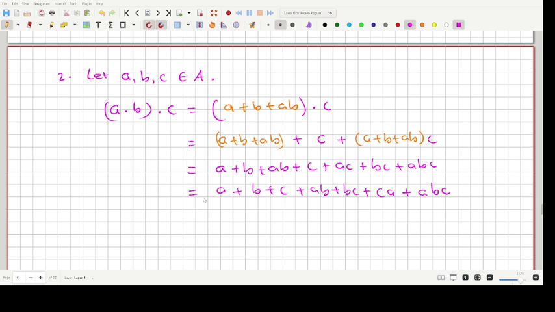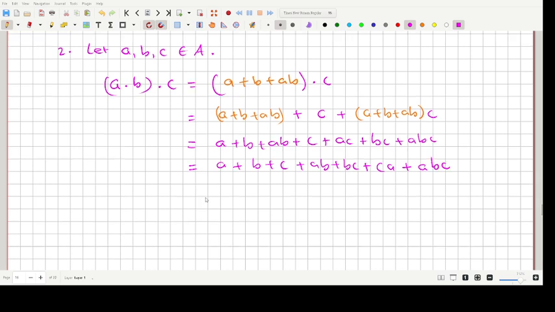Okay, so this is one operation. The order of the operation is that first we conduct the operation a dot b, and then we conduct the operation dot c. Now let's reverse the order in the sense that first we would do b dot c, and then we do a dot with that one, right?